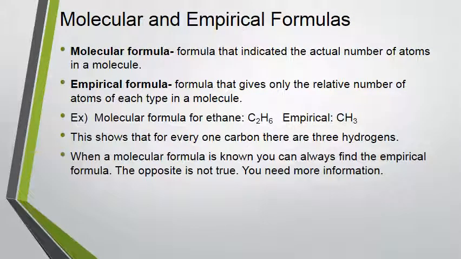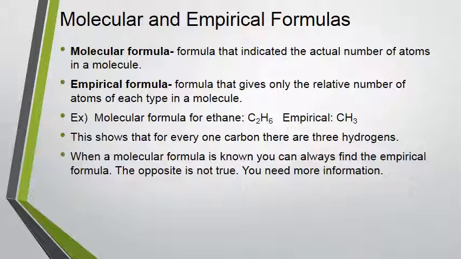When we're dealing with molecular formulas, a molecular formula indicates the actual number of atoms in a molecule. So if you look at the molecular formula, it will tell you exactly what the chemical is made of. But we also have something called an empirical formula. This is another type of formula, and it just gives the relative number of atoms of each type in a molecule. It's kind of just showing the ratio of each atom to each other.